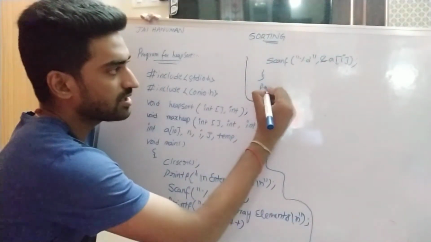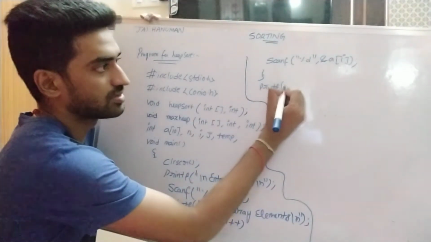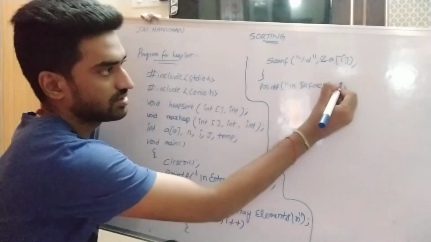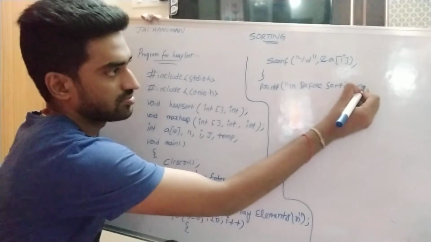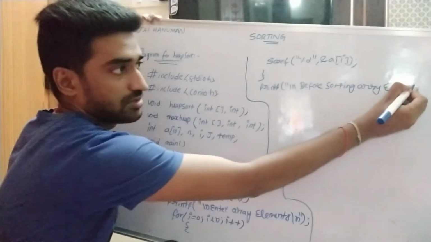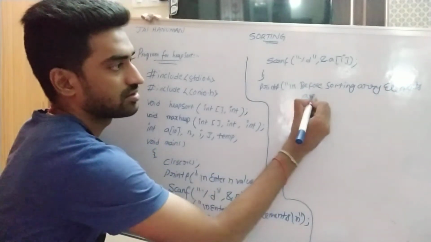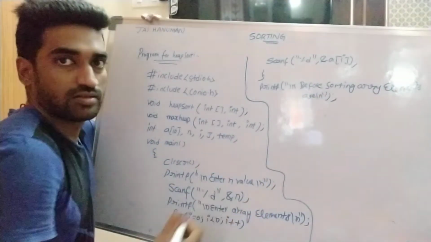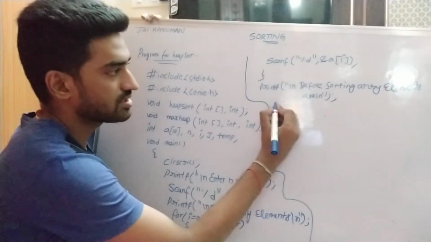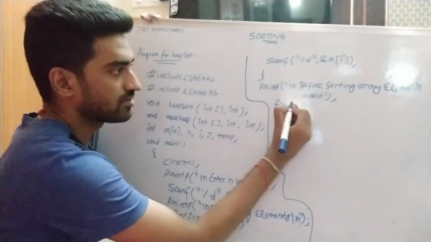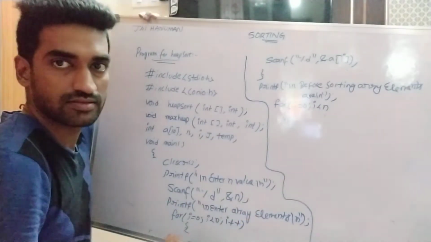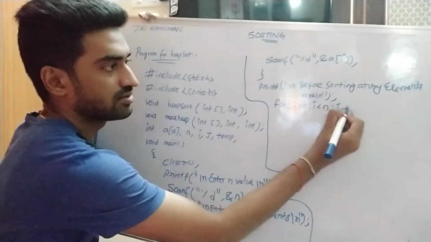Here I am printing the array elements before sorting. Before sorting, array elements are: I am printing all the array elements with the help of for i equal to 0, i less than n, i plus plus.